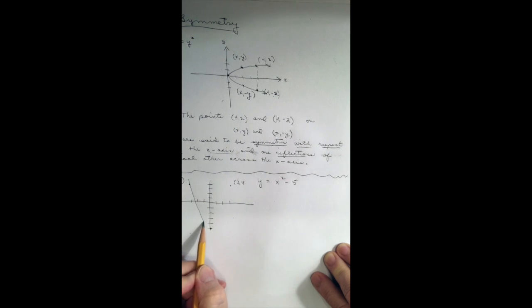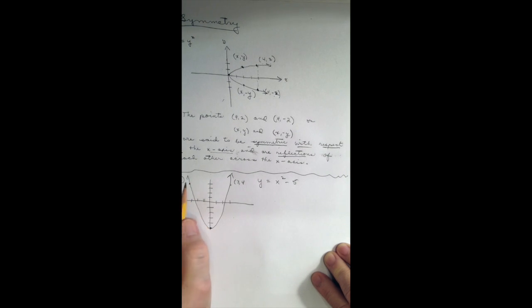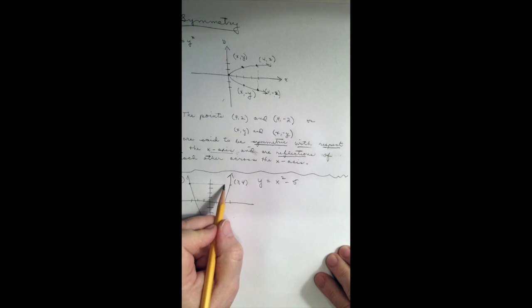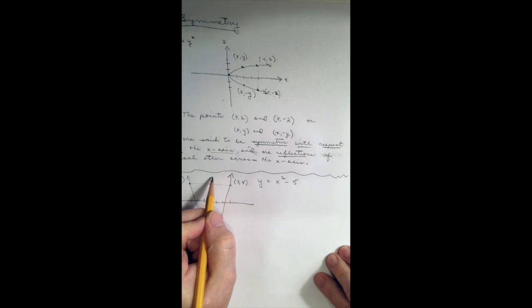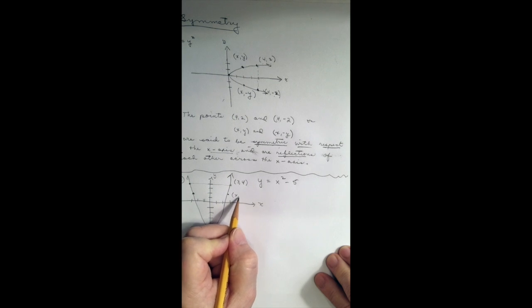And if we draw this graph, we can see that these 2 points, (-3, 4) and (3, 4), are equidistant from the y-axis. And any general point (x, y) and (-x, y), these 2 points would be reflections of each other across the y-axis also.